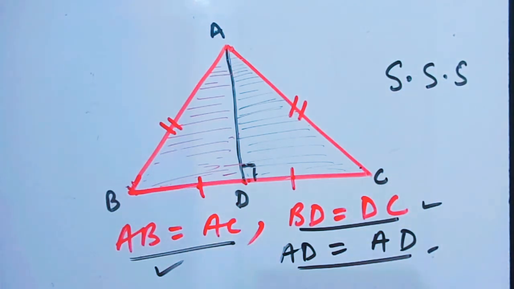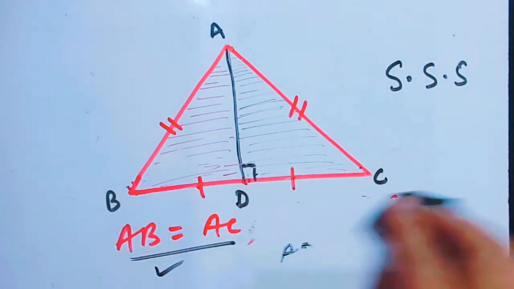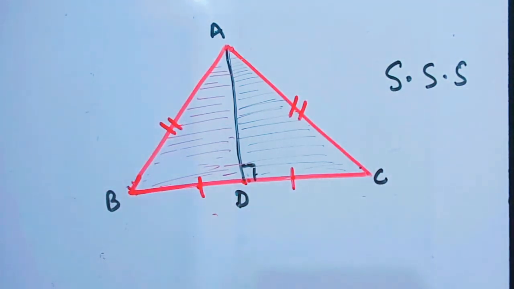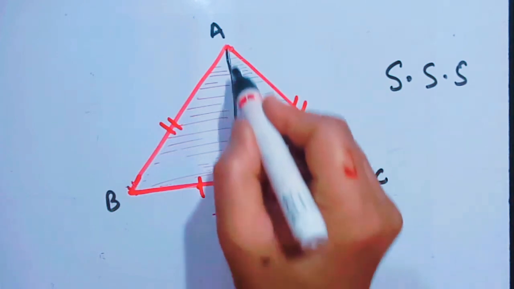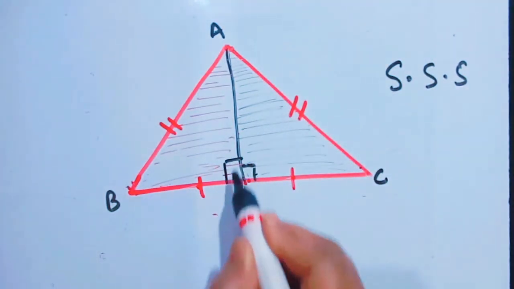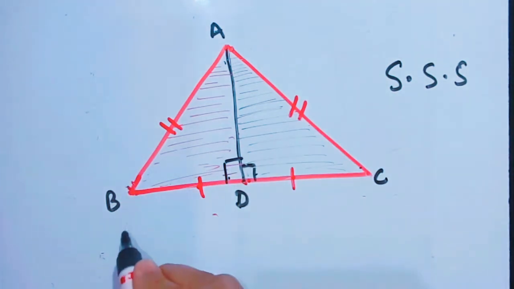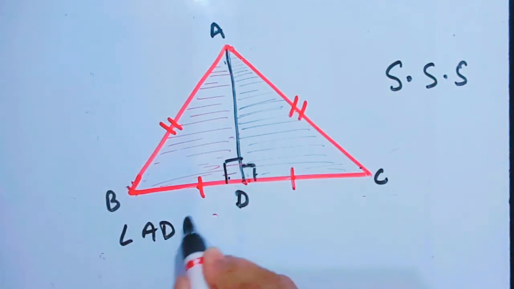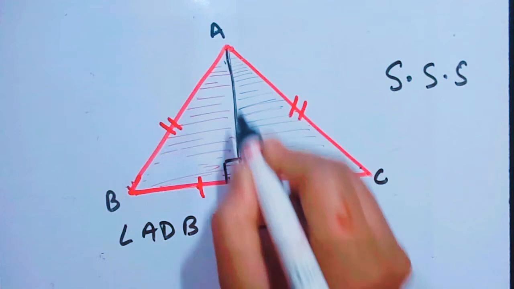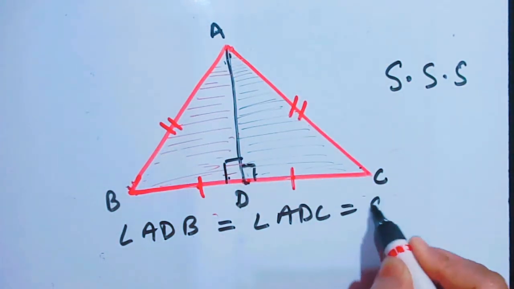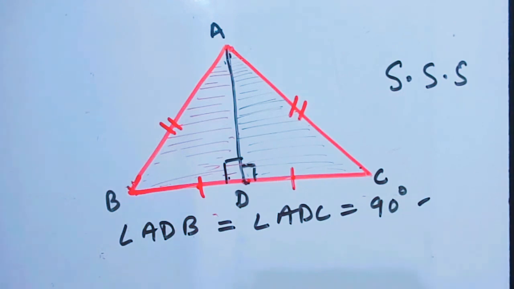Clear? There will be another child who is not going to use this side, side, side, but will be using something other. He will think in this way that a right angle is given. Angle ADB is equal to angle ADC, which is equal to 90 degrees, means a right angle is given.